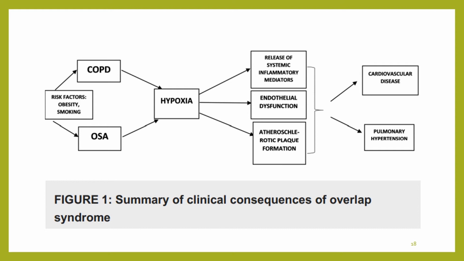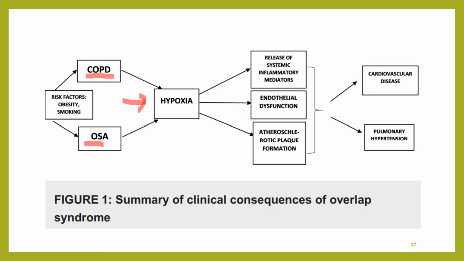So this is a nice summary slide which summarizes everything I was talking about in the last few slides. You have a patient with OSA, and you have a patient with COPD. Both of these patients are hypoxic, for different reasons: the COPD patient because of alveolar destruction, the OSA patient because they have an occluded airway.